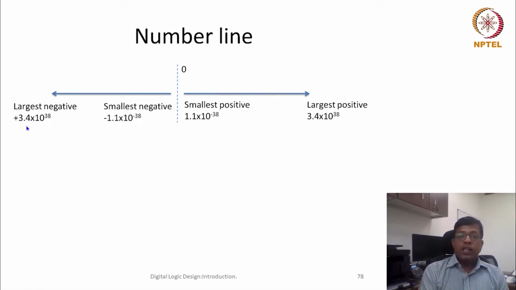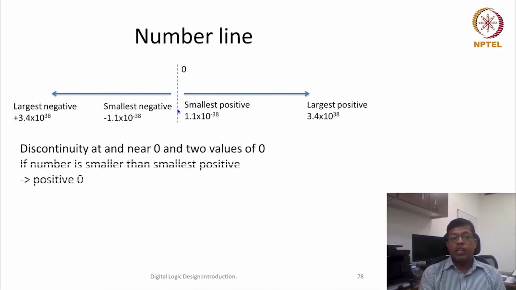you see the number which is smaller than 10 to the power minus 38 and larger than 0, what should it be called? Because that number is very, very close to 0, we can call it positive 0. It is more than 0 but lesser than 10 to the power minus 38.